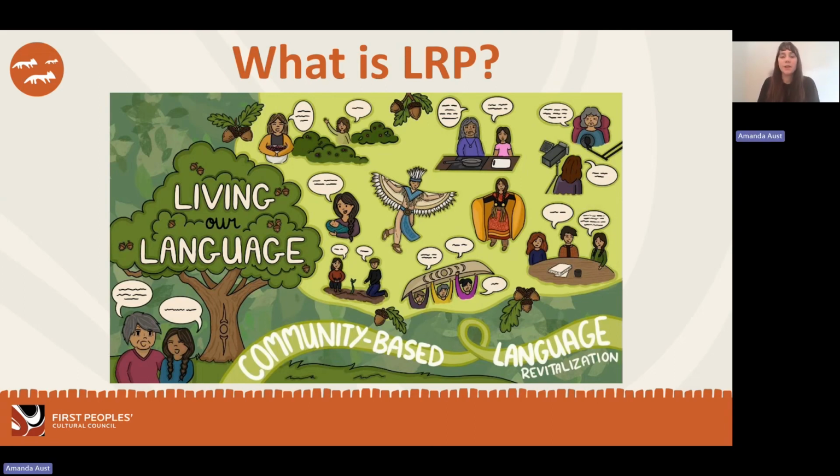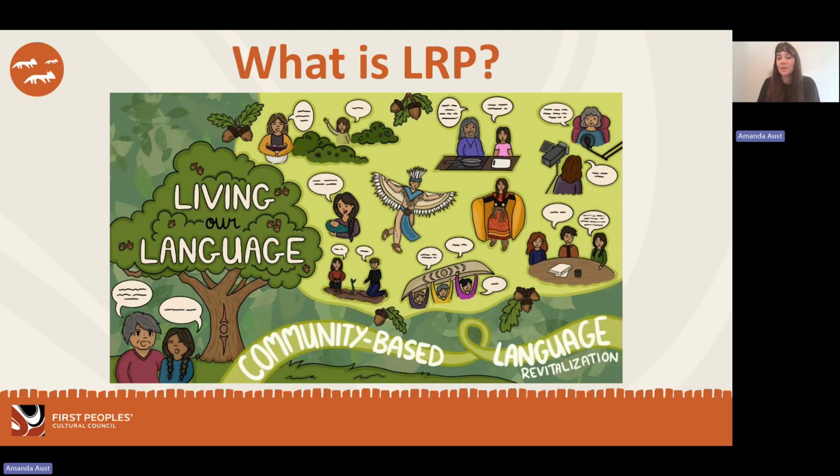We know that language revitalization is most successful when it's community-based and includes multiple language strategies. To support this, the FPCC Language Vitality Grant provides funding for BC First Nations communities to develop a strategic, comprehensive, long-term language revitalization plan.